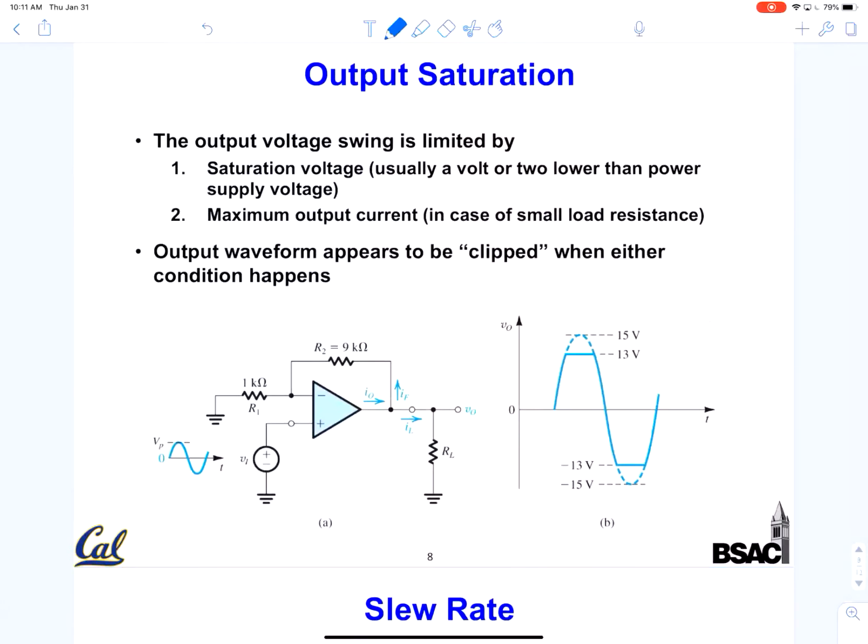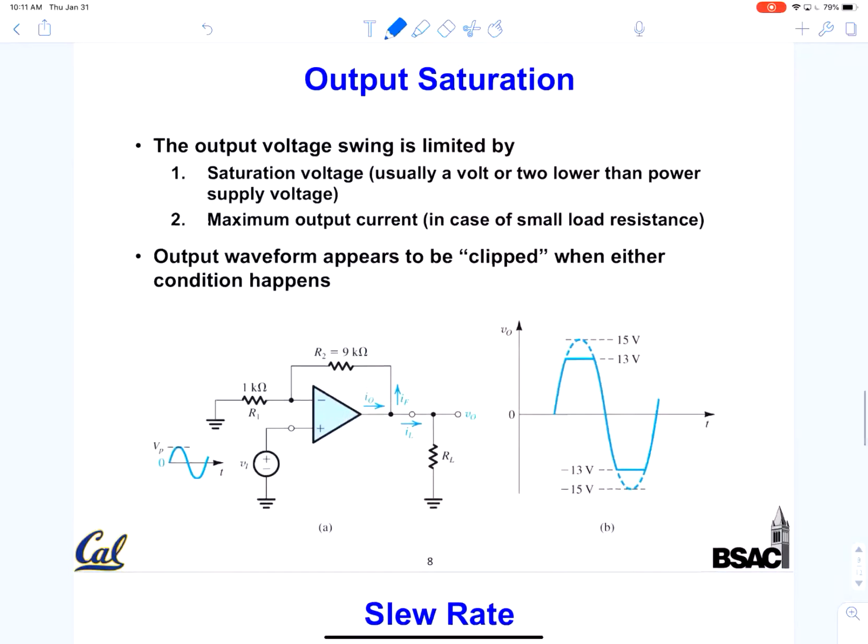Output saturation. As we mentioned, the transfer curve of the op-amp, if this is V out and this is the input difference, VID, has a very steep slope here. Then it hits the rail, which means it just reaches the power supply voltage with some small offset.